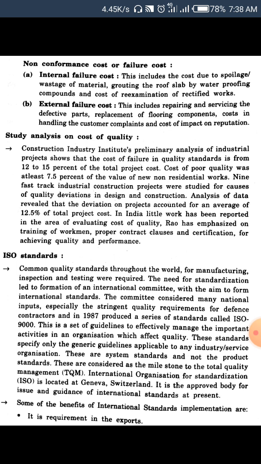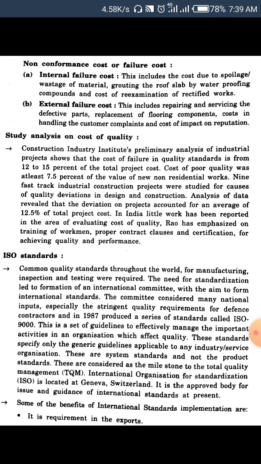And what is external failure cost? In external failure cost we include the repairing and servicing of the defective part or machinery, and also replacement of the flooring components, and also replacing some of the spare parts of the machinery. So these are the external failure cost.